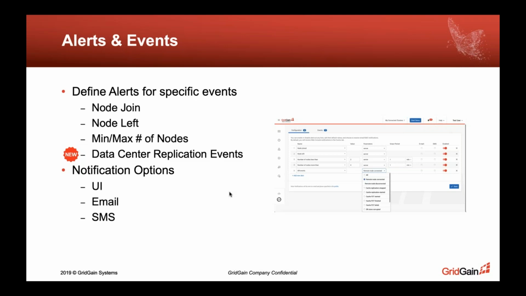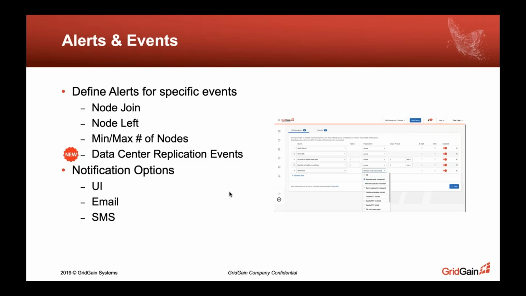Something new that we've added in this release, though, is a lot of new events and alerts that we can track for data center replication. Data center replication is a GridGain enterprise specific feature. It allows us to take a cluster and copy that topology and data into another cluster, whether it's in a different region, a different data center, something like that.